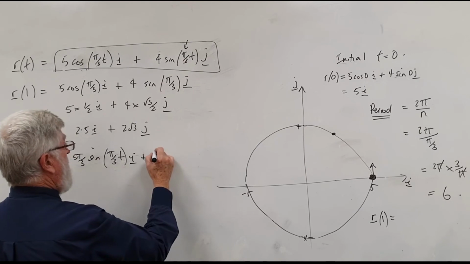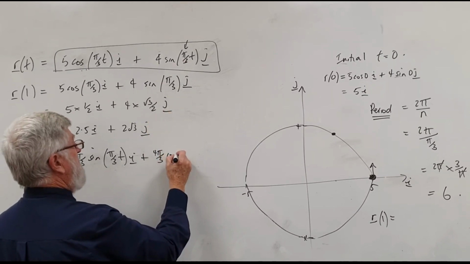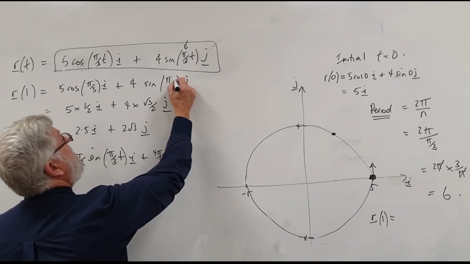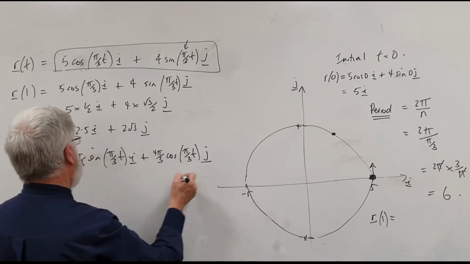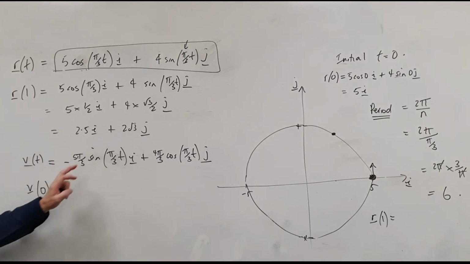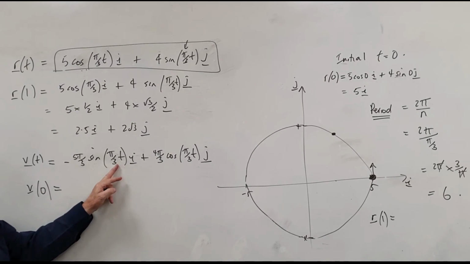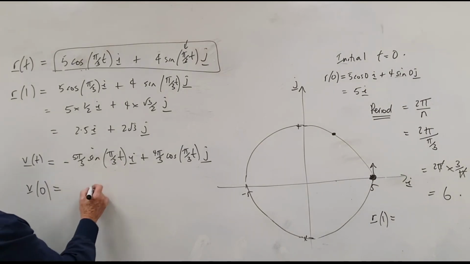So what have I got? 4 times pi on 3. Sine becomes cos, and it stays pi t on 3, and that's j. So what's the velocity at the start? Sine of 0 is 0, so that's 0i.